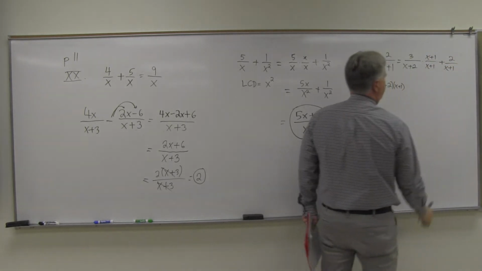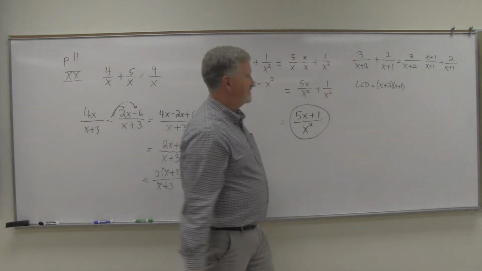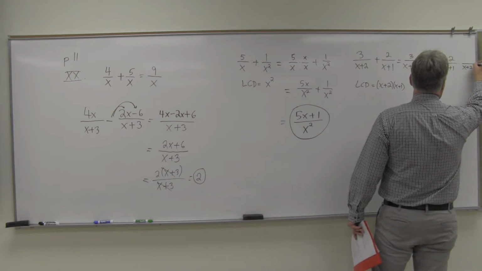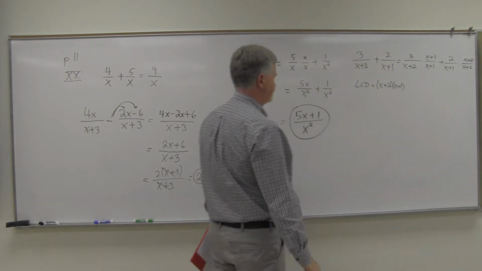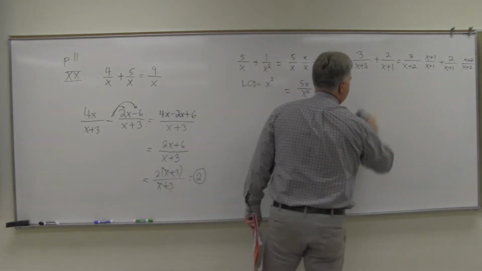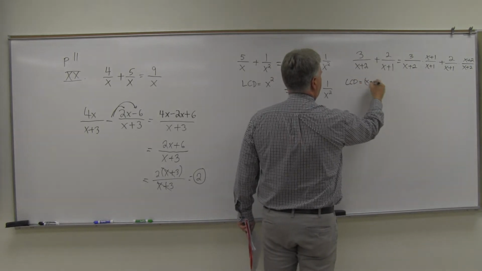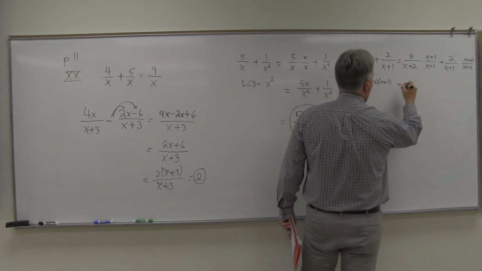Over x plus 1. It's got the x plus 1. So I need to multiply it by the x plus 2 to get it to be the common denominator. Let me move this over. All right.